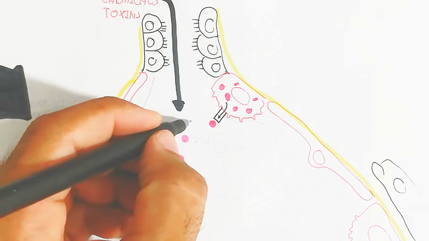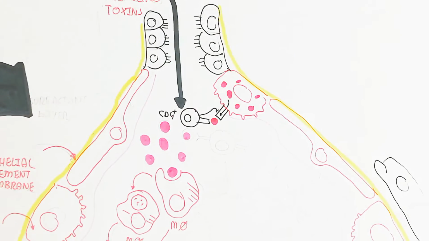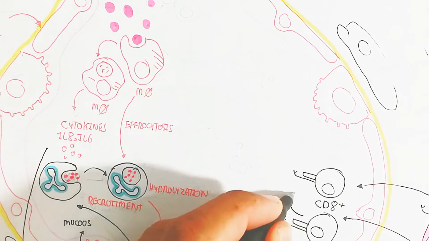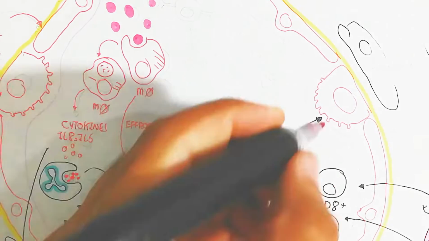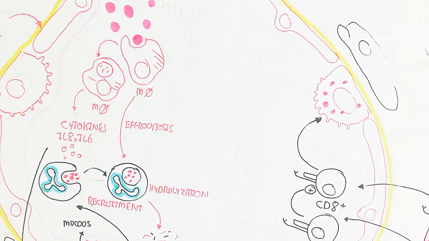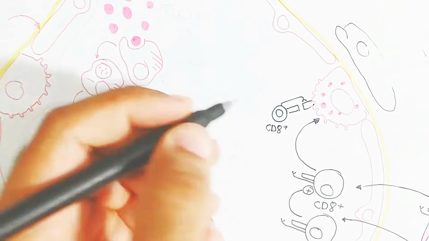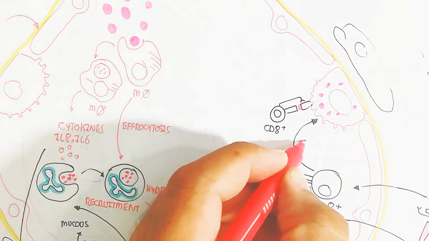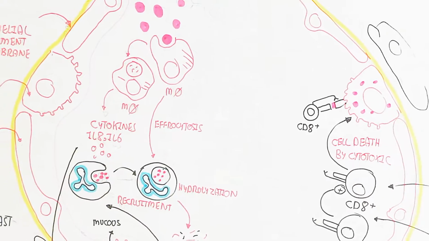So here you can see a CD4 positive T lymphocyte will recognize an infected cell showing the MHC class 1 molecule, and in this way the MHC class 1 molecule is recognized by the T lymphocyte, and here is the CD8, which is the cytotoxic T cell, which will kill this cell.